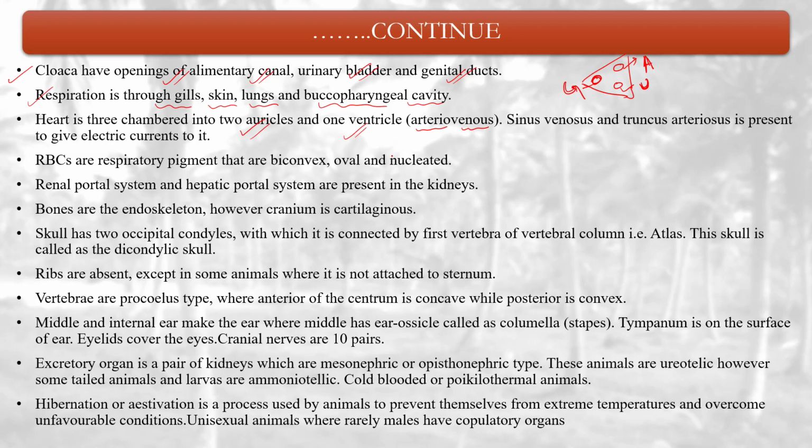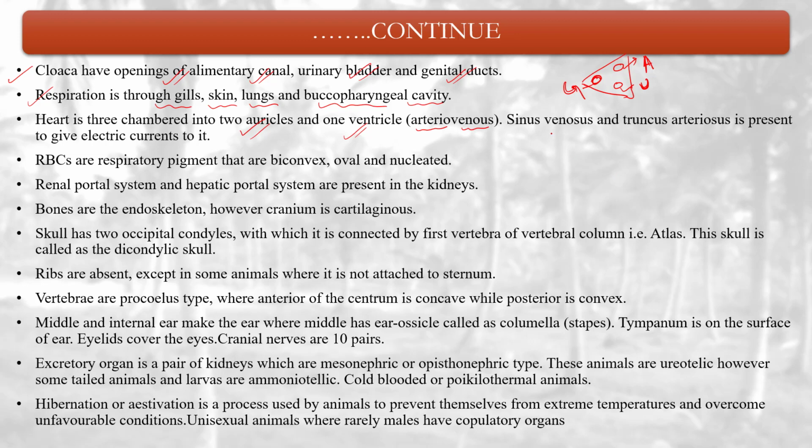Arteriovenous heart means the heart does not have all the chambers, that is why oxygenated and deoxygenated blood mix maximally. They have two auricles and one ventricle.